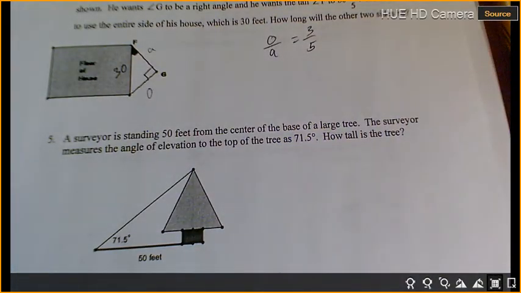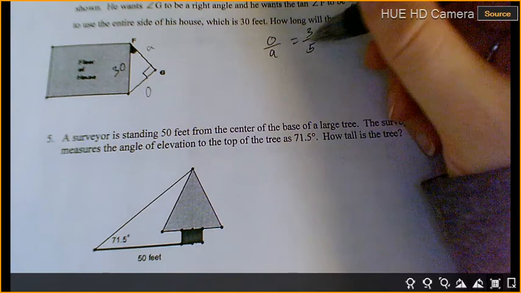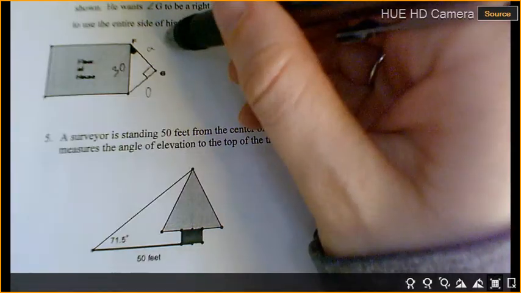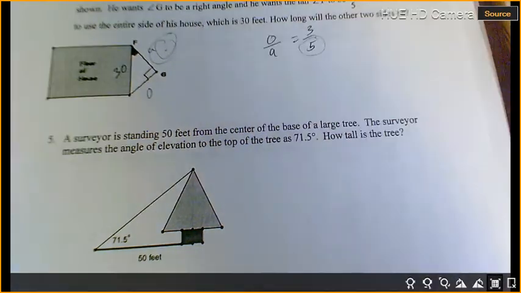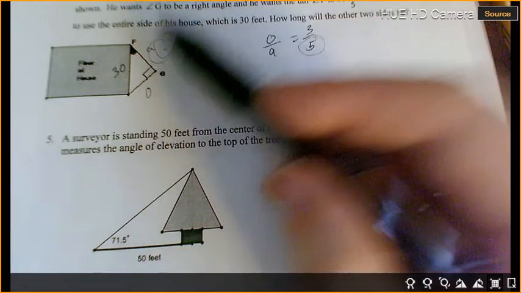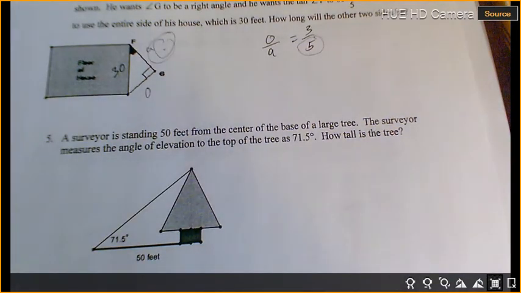But we only have the hypotenuse, which doesn't help us with that. So we are going to have to find differences of this. If 5 is my adjacent, this has to be like 5 here, but it has to be in relationship to 30.